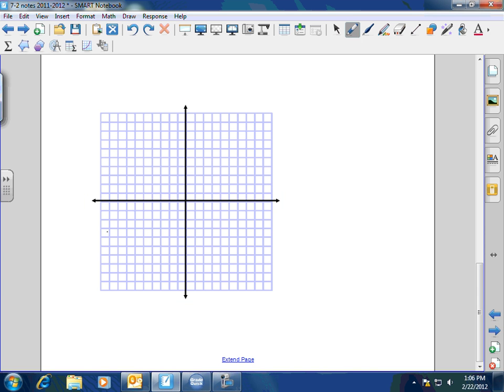So if I were to do something like this, I have one local max. This is the local max between these two zeros. That's my turning point.